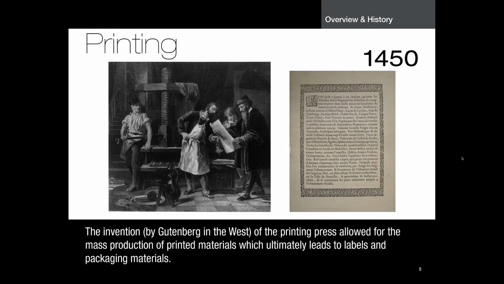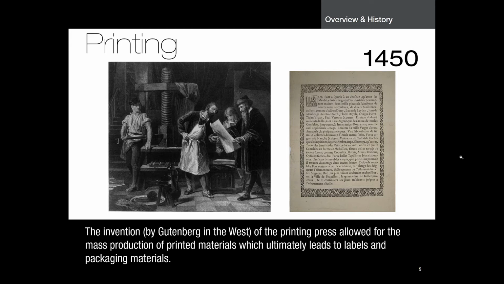Really jumping ahead now and back to Western culture, I just want to talk about the invention of the printing press by Gutenberg. A similar earlier form of printing was actually created or discovered, as you will, in China. But in the West, Gutenberg is credited with creating the first mechanical printing press, which allowed for the rapid printing of multiple copies.